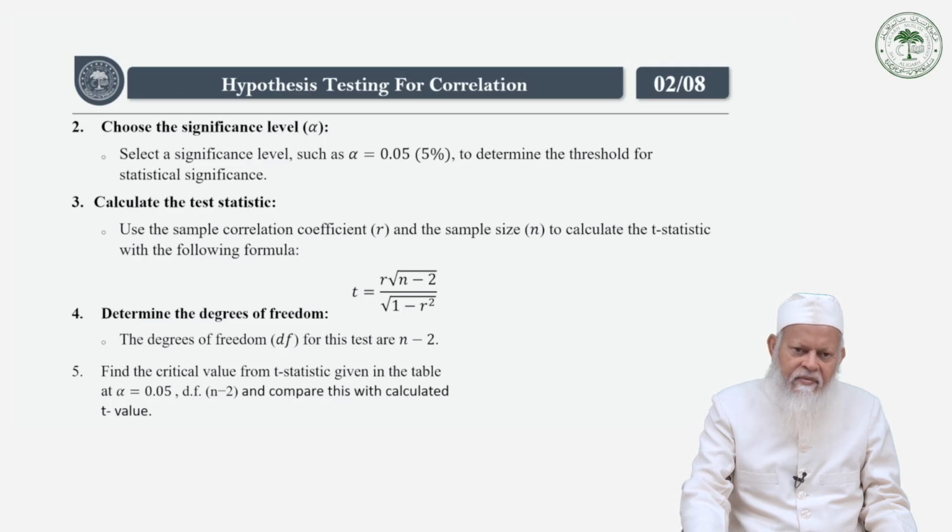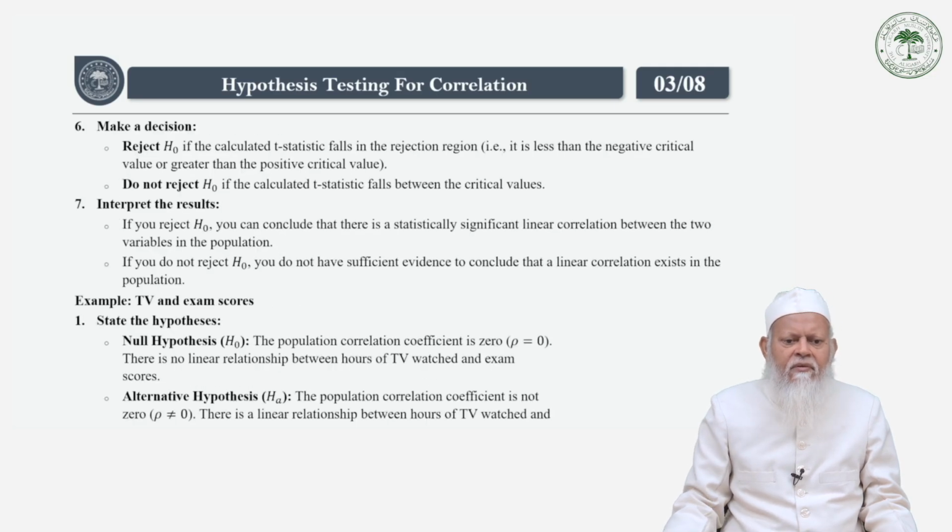Then we have to make a decision. That is, reject the null hypothesis if the calculated t statistic falls in the rejection region, that is, it is less than the negative critical value or greater than the positive critical value.